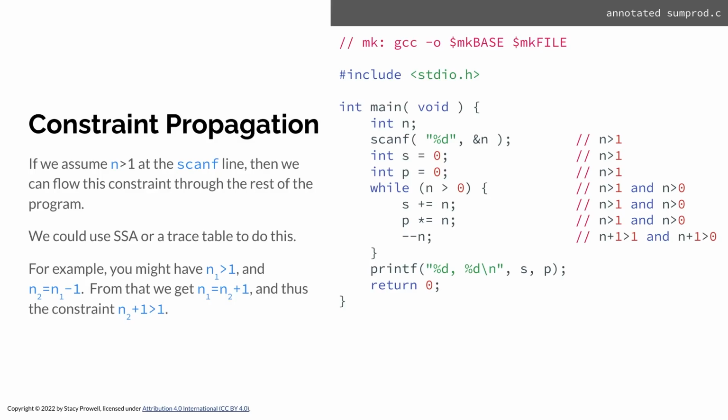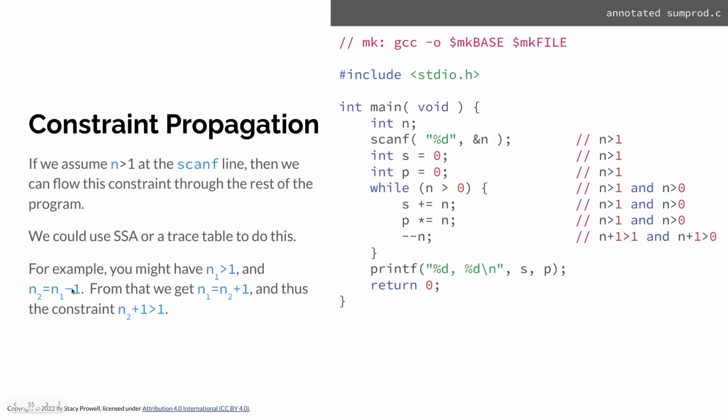N is our initial n. So what happens to it here? If you look over here, we might have n sub 1 greater than 1. And then for this line, we have n sub 2 equals n sub 1 minus 1. Makes sense, right? We're decrementing.